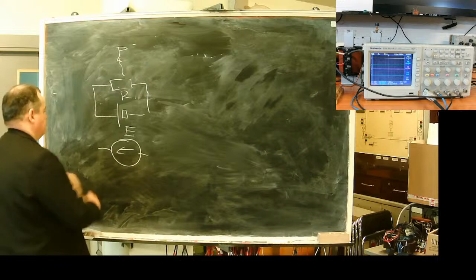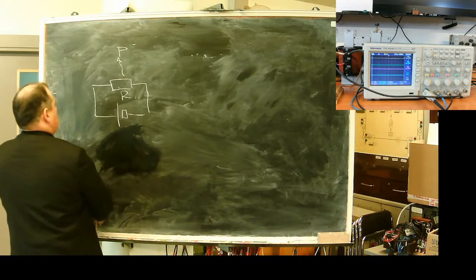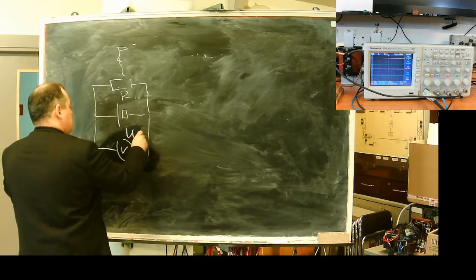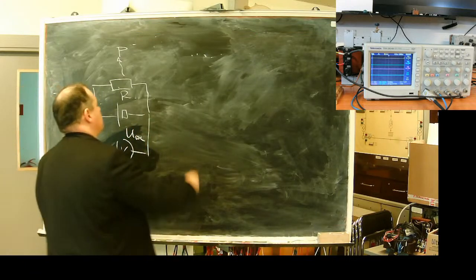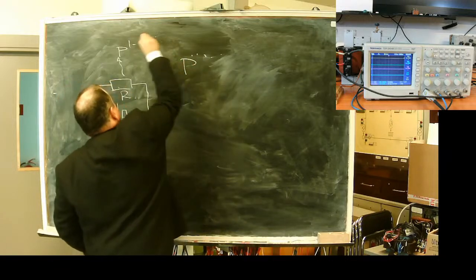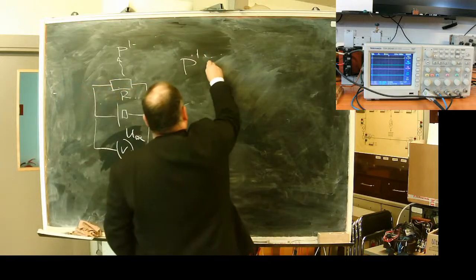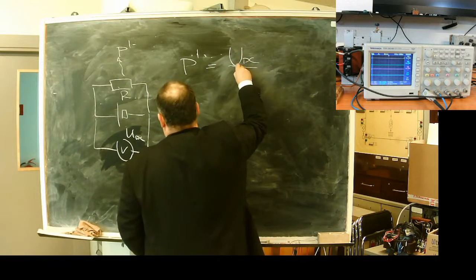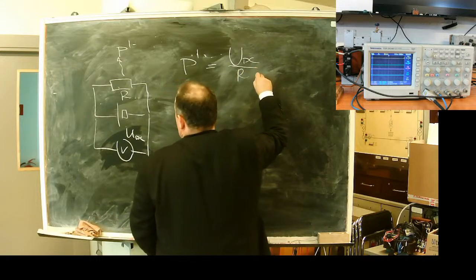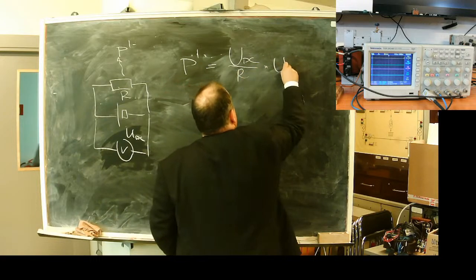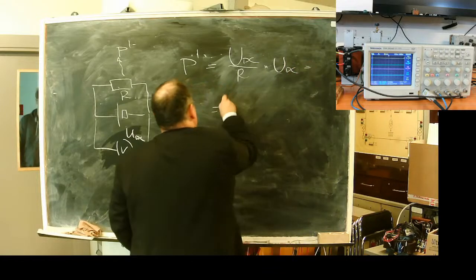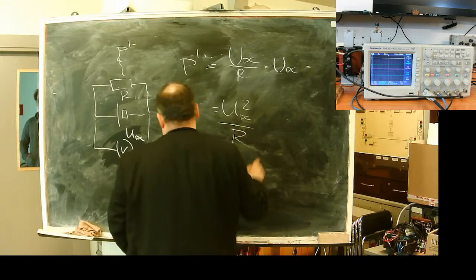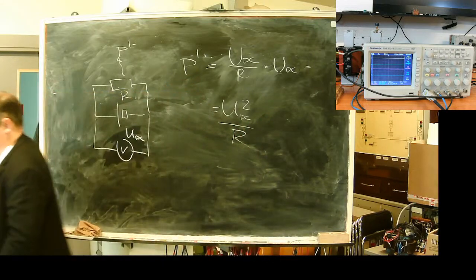This amount, say it's P1, is DC divided by R, which will be the current, multiplied by DC, so it's DC square divided by R. Very simple.